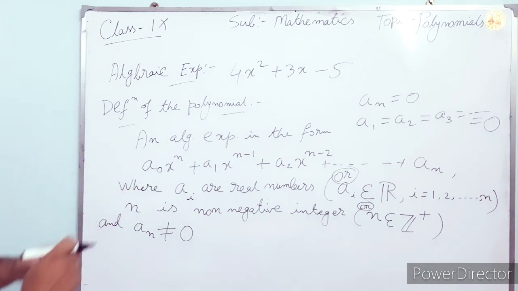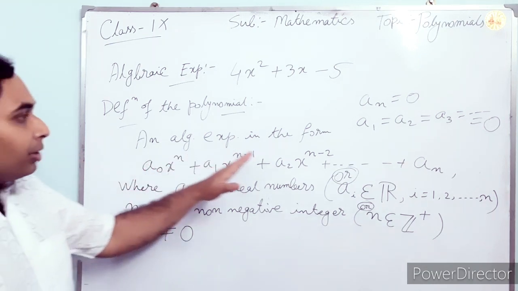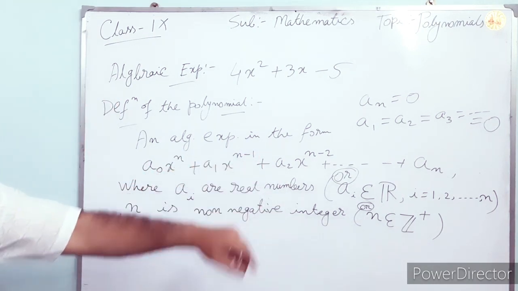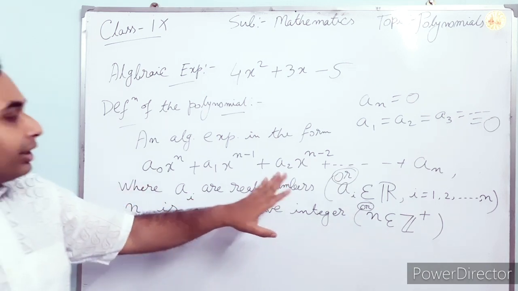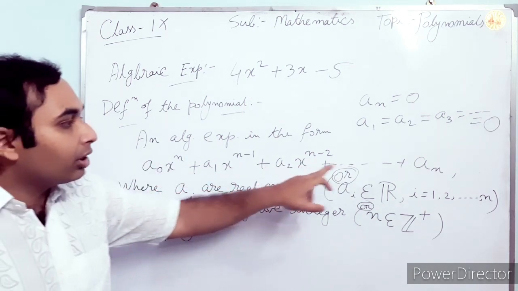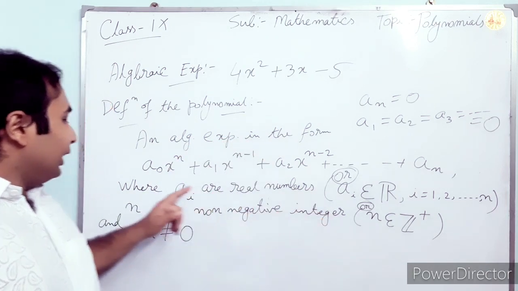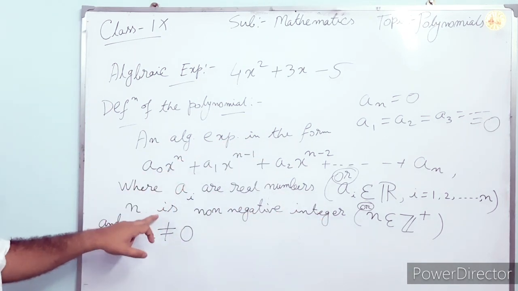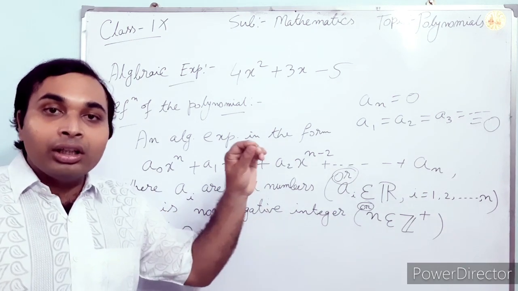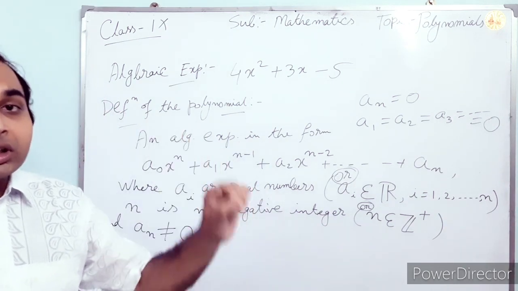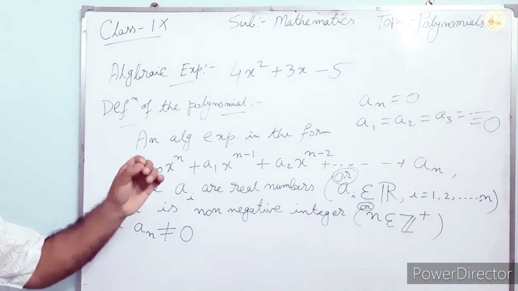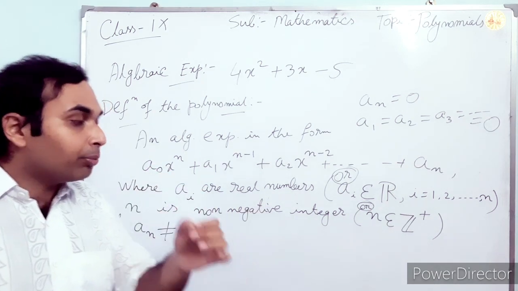So what is the final definition of the polynomial? An algebraic expression in this form, where ai are the real numbers, those are called the coefficients, and the condition on n is that it is a non-negative integer, so 0 and the positive integers.